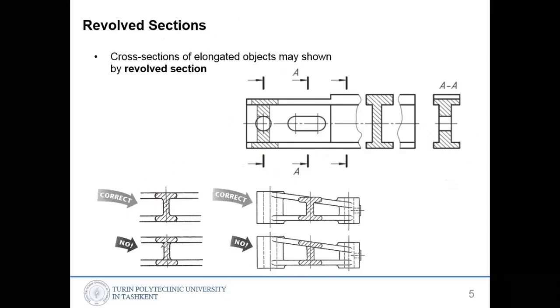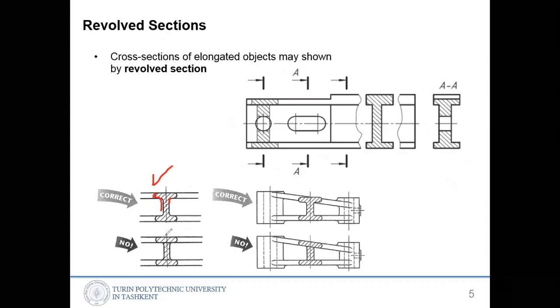When you are revolving and drawing, you have to disconnect this outside feature. Here is an arrow. You have to disconnect it like this. So it's disconnected, and that's correct. If you continue like this, that's wrong, because that means we are going inside the section.